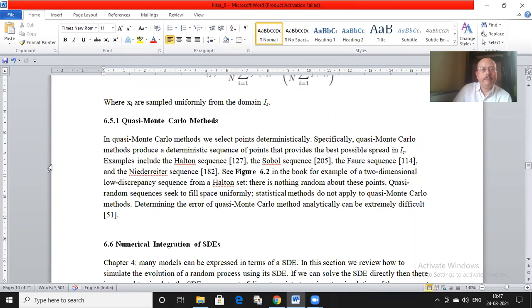There are certain popular choices. Some of these are Halton sequence, Sobol sequence, Faure sequence, etc. If you look at figure 6.2 in the book, it gives an example of a two-dimensional low discrepancy sequence from a Halton set. So basically, you will immediately observe that there is nothing random about these points.